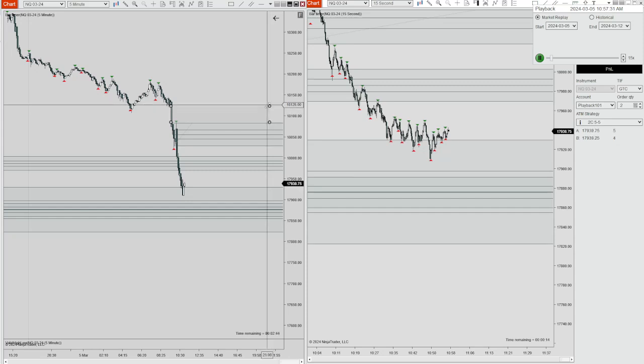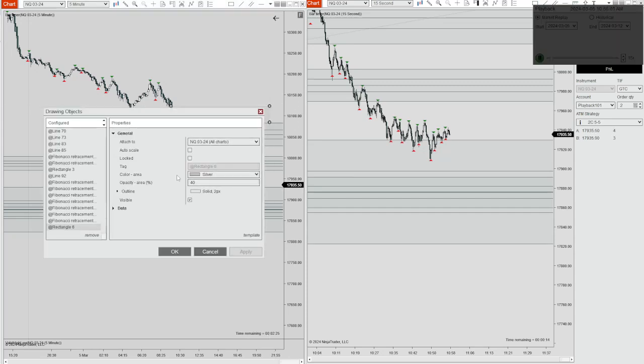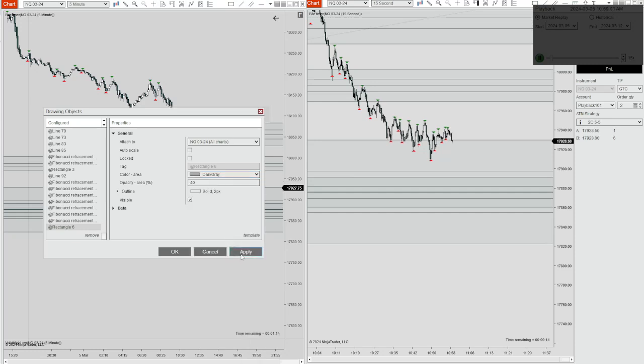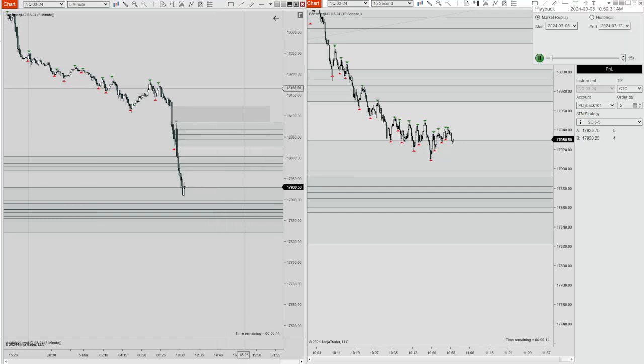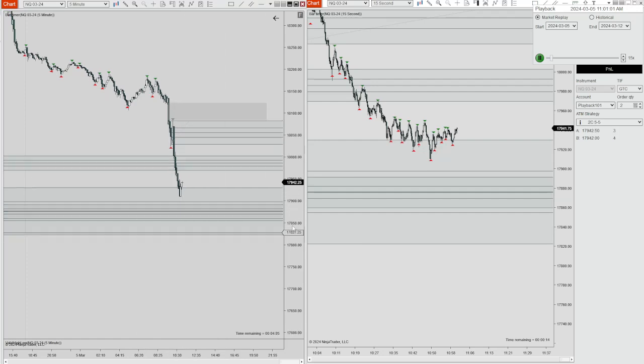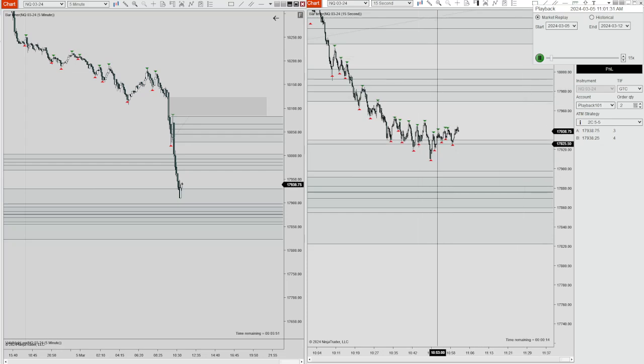Make this one darker. Some fair value gap here, there. If I see a little flip here, I would be potentially bullish.